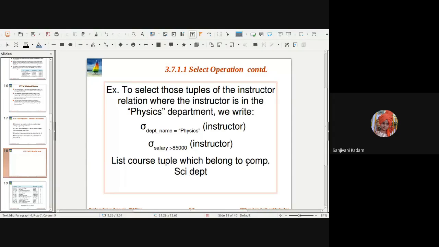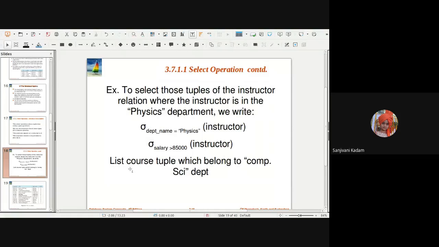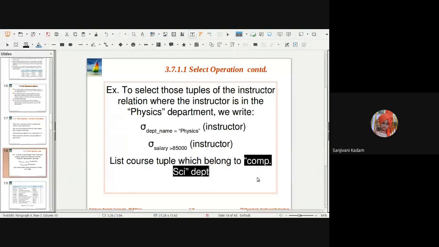So here the condition is based on this computer science value. Along with it, I have given that this should belong to the computer science department. Let us take the schema of the course relation: I have course ID, title, department name and credit. Clearly it is mentioned computer science department.